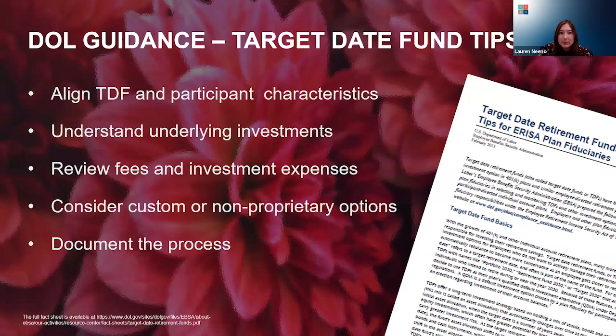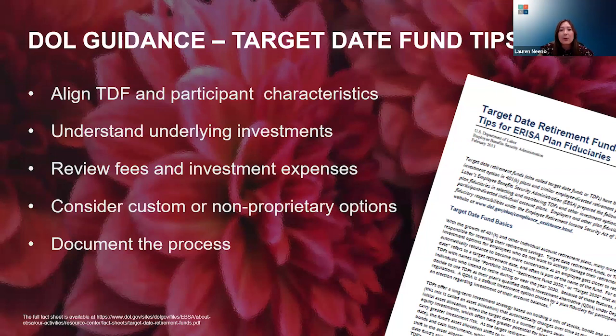So looking at the bullet points here, first up, aligning the target date fund with participant characteristics. RPAG's approach to this is by assigning every target date fund in the universe a risk rating of either conservative, moderate, or aggressive by looking at various equity points along the glide path.